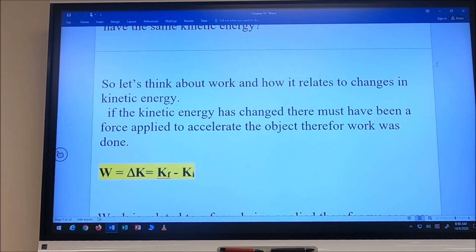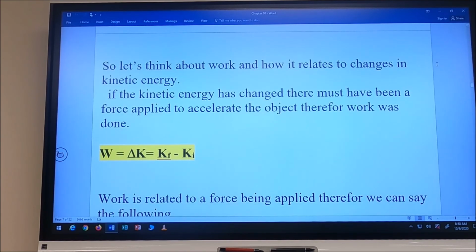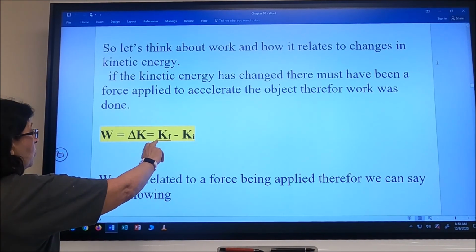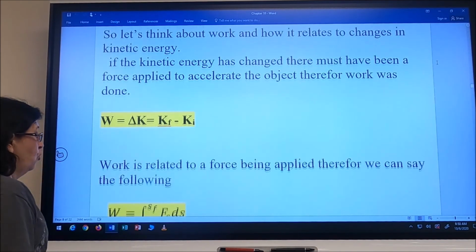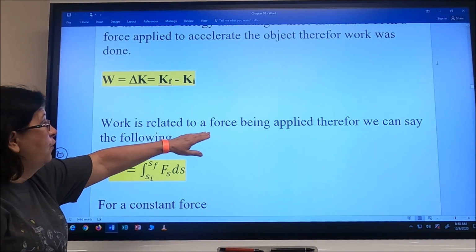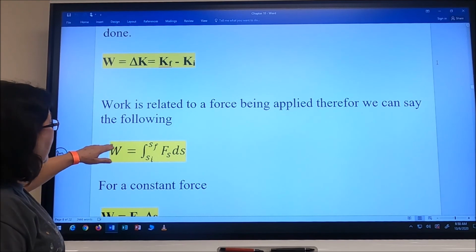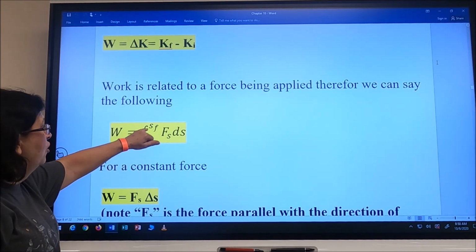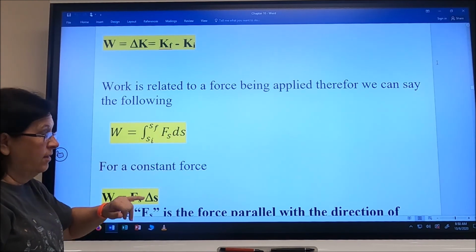So one of the things we know is that to change the kinetic energy, we're going to have to do work on an object. So work is equal to change in kinetic energy, which is K final minus K initial. Work is related to force being applied, and therefore we can say work is equal to the integral from S initial to S final of F ds.